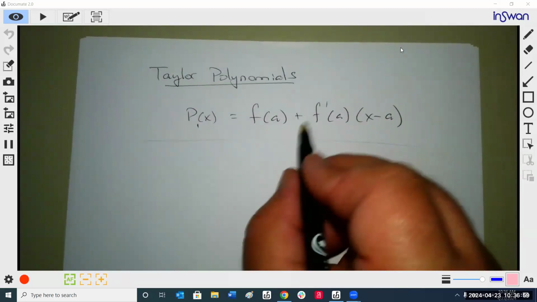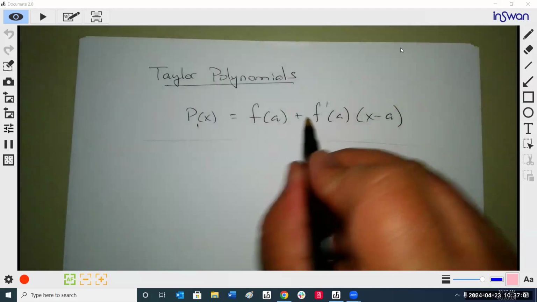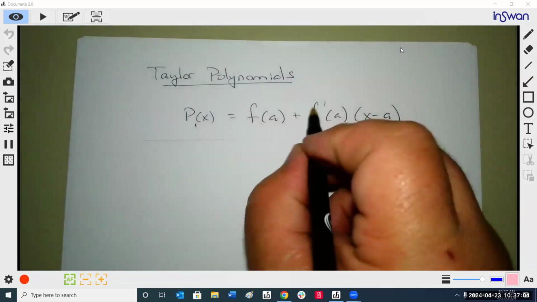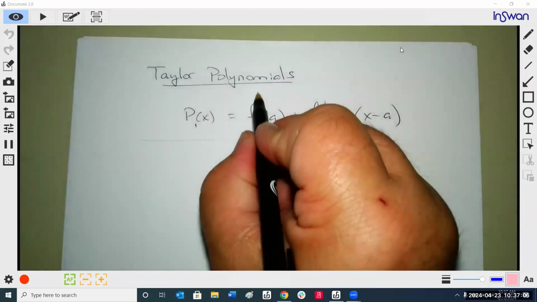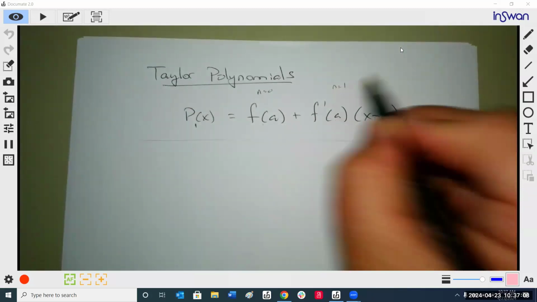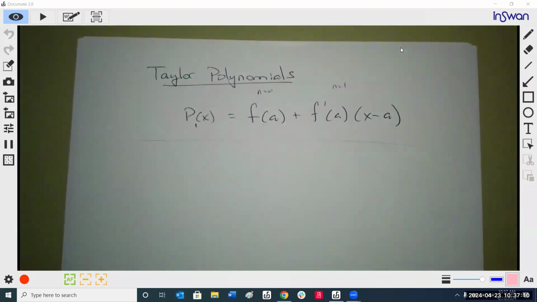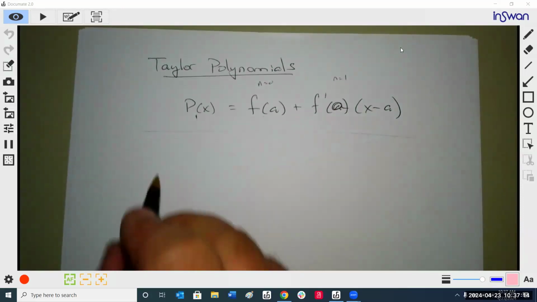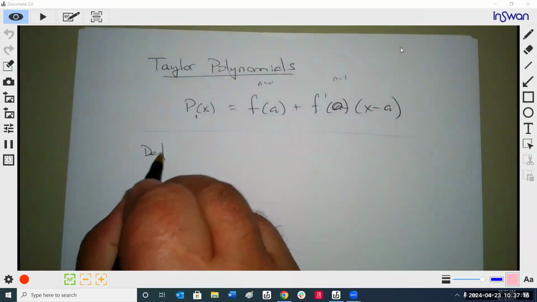We're using this formula. So f of a plus, this is what we looked at last time. This is when n equals 0. This is when n equals 1. At a. So here's your definition.